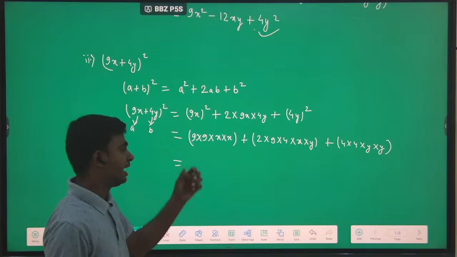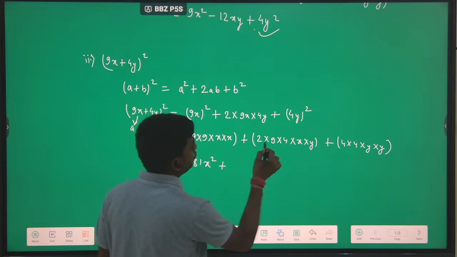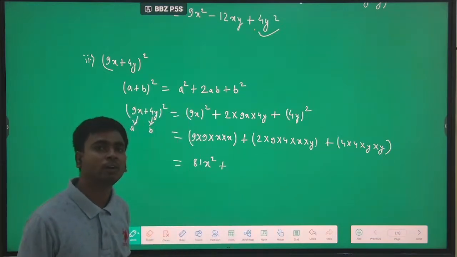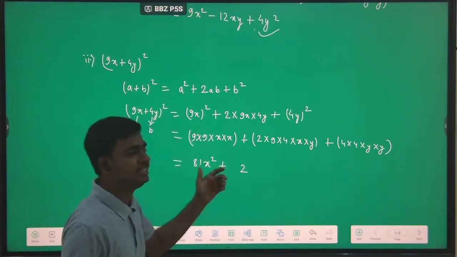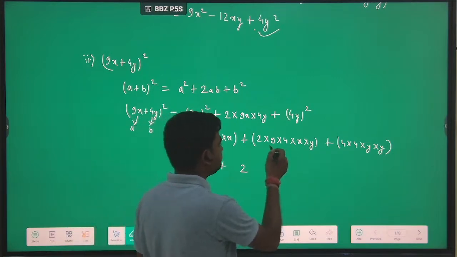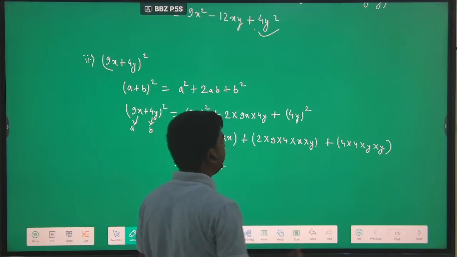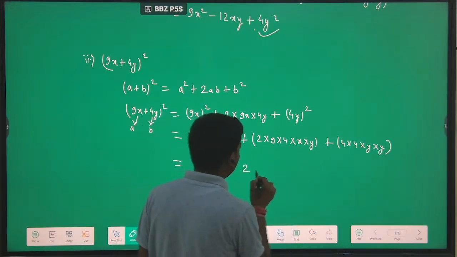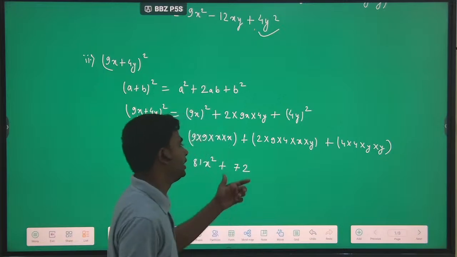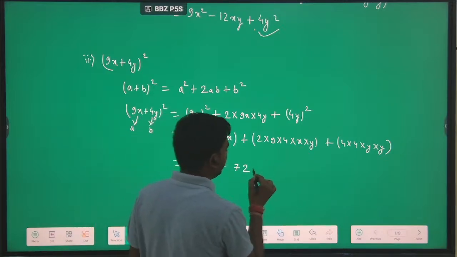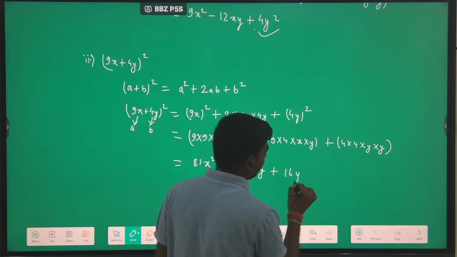So we will simplify them. 9 into 9 is 81. x into x is x square, plus 2 into 9 is 18. 18 into 4, what is 18 into 4? 8 into 4 is 32, 3 is carry, 4 into 1 is 4, 4 plus 3 is 7, so we are getting 72, and x into y is xy, plus 4 into 4 is 16, y into y will be y square.